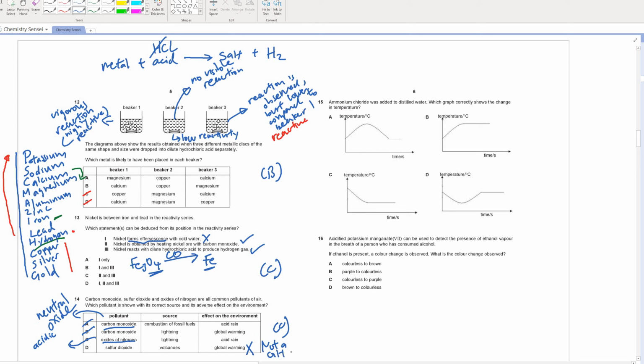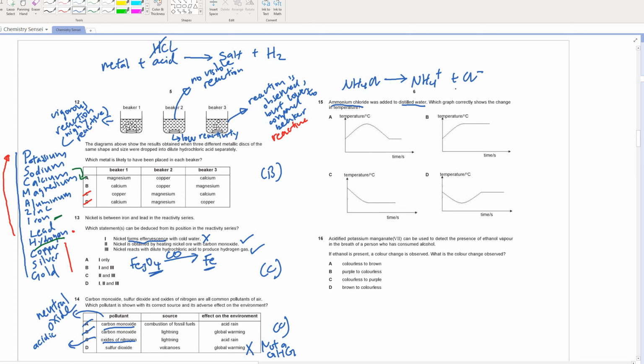greenhouse gas. Question 15. Ammonium chloride was added to distilled water. Which graph correctly shows the change in temperature? For this reaction, ammonium chloride is dissolved in water, so it would form ammonium ion and chloride ion.